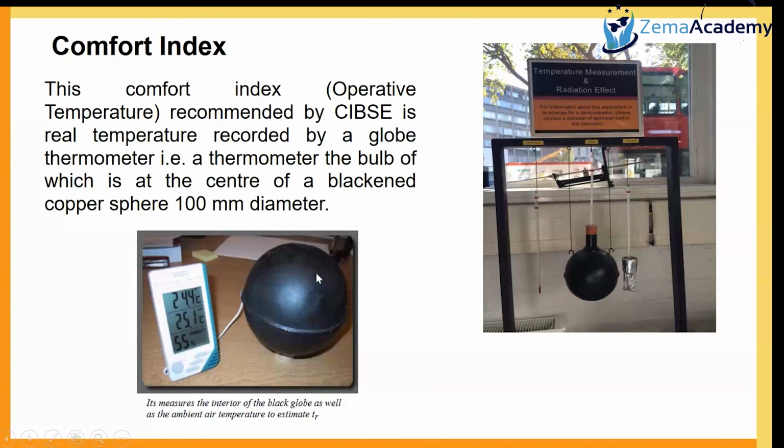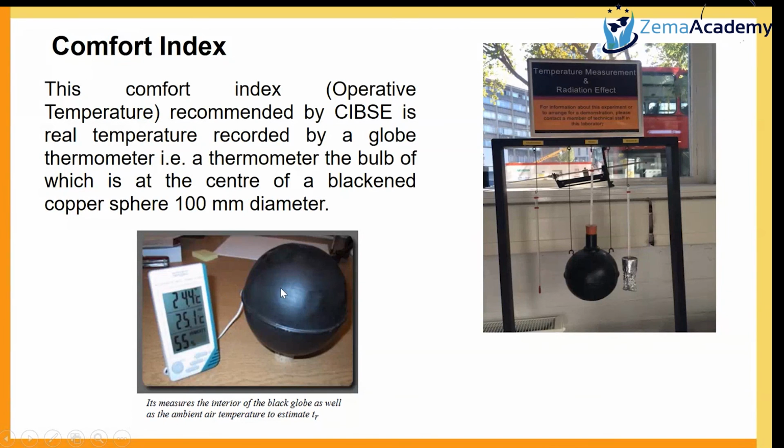The radiation remains inside the globe and it can interact with the bulb of the thermometer within this sphere. And as you can see over here, there is a digital display also available just to show you how this can be put in and can be used to measure the comfort index or the thermal temperature.